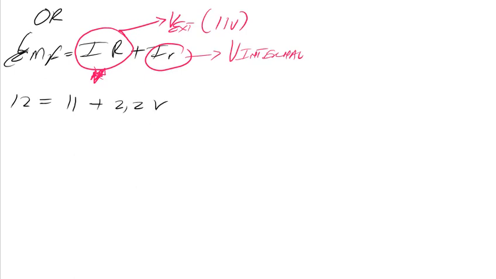You're going to have 12 minus 11 is equal to 2.2 times R. And then your R will be equal to 1 divided by 2.2.